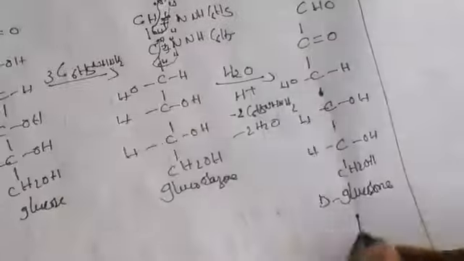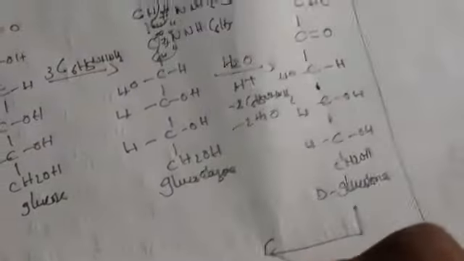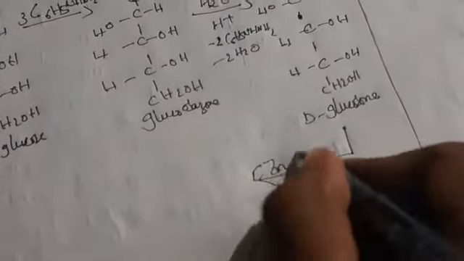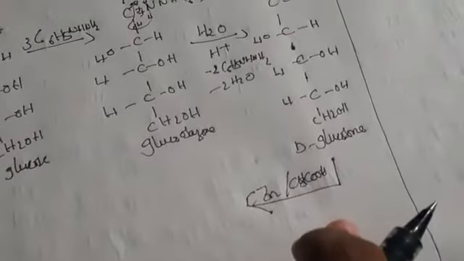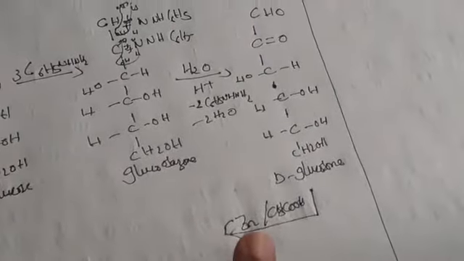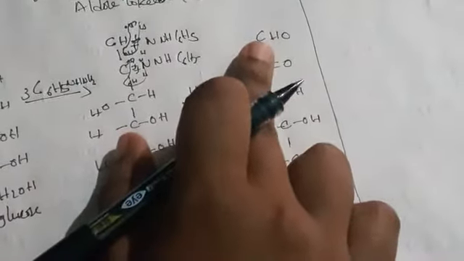This molecule is again treated with zinc in the presence of CH3COOH. Zinc is a metal, so when we add a metal, reduction takes place. So it is undergoing reduction, with addition of hydrogens.